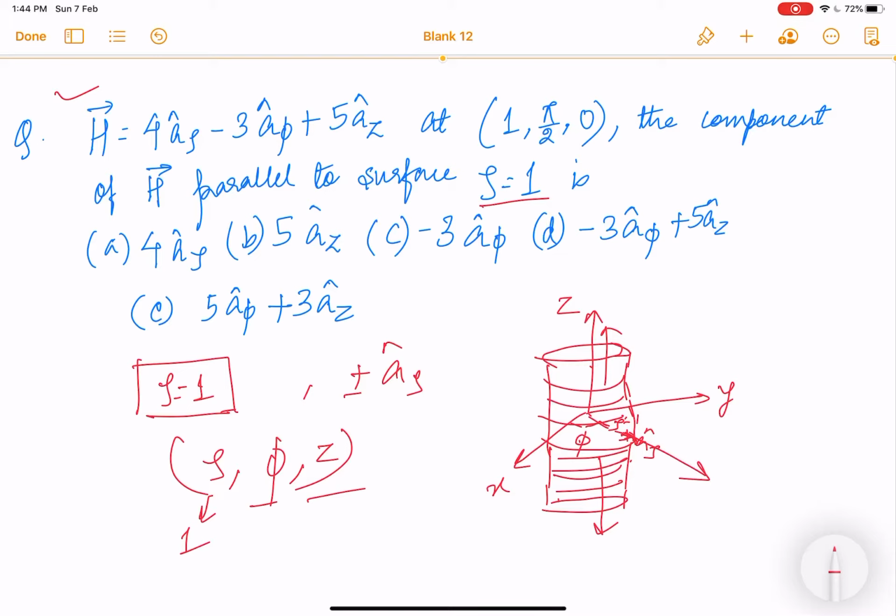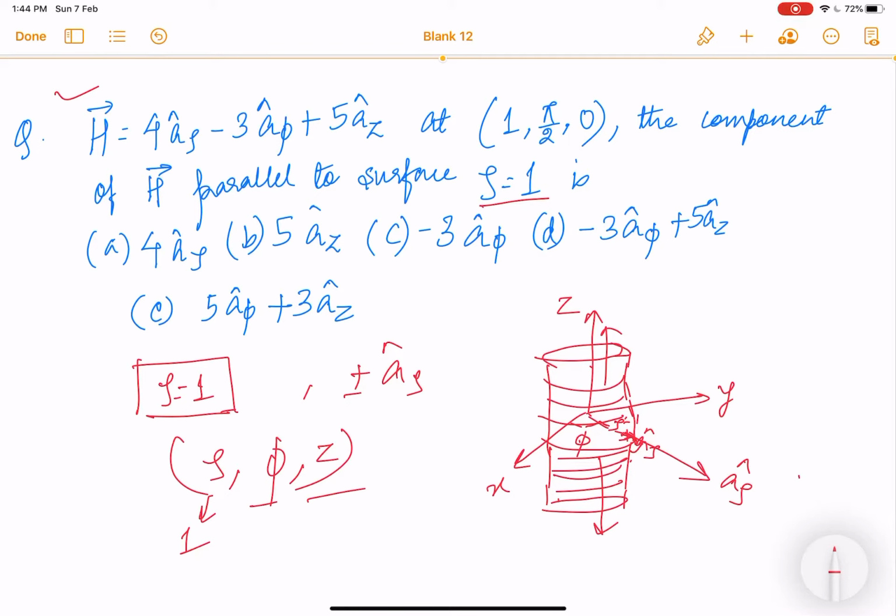Wherever you take your rho, it is perpendicular to that particular surface. So basically this is 90 degrees to the surface. So this is a rho cap perpendicular to the surface.